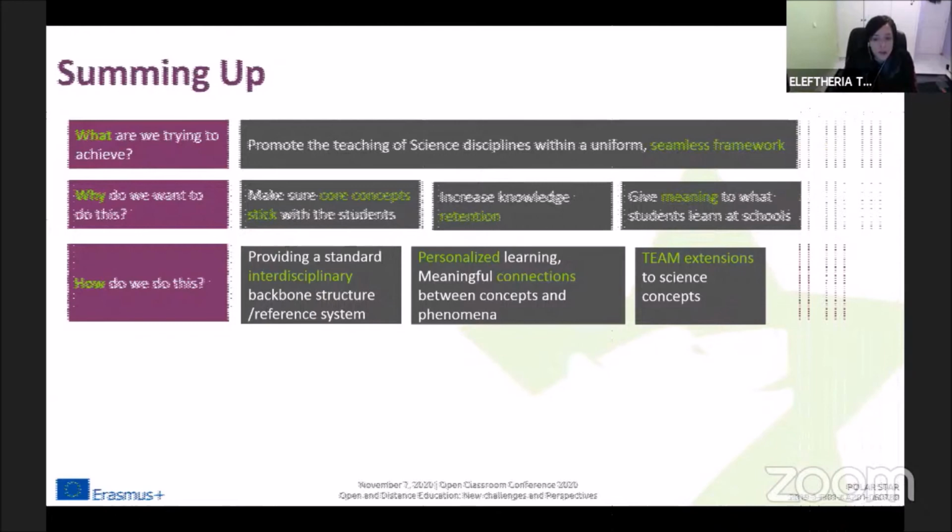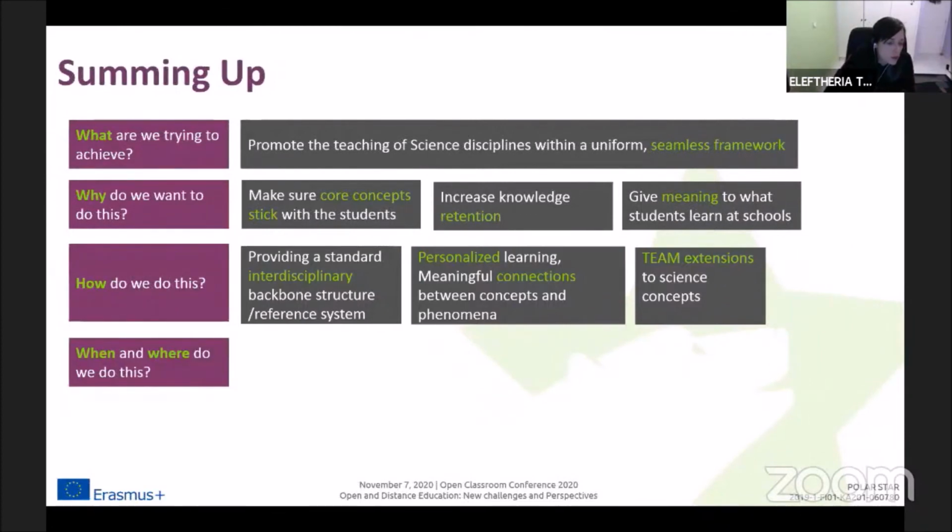And we also do it by connecting science directly to technology, engineering, arts, and mathematics through our methodology, not just through long-term projects, but also in everyday life.